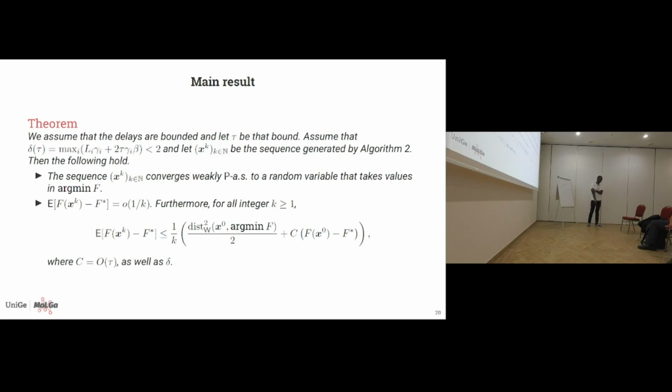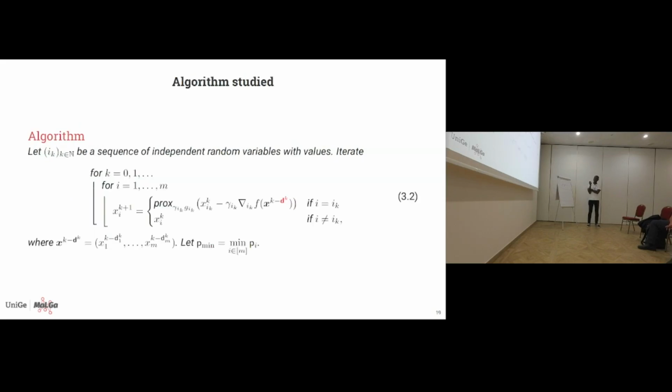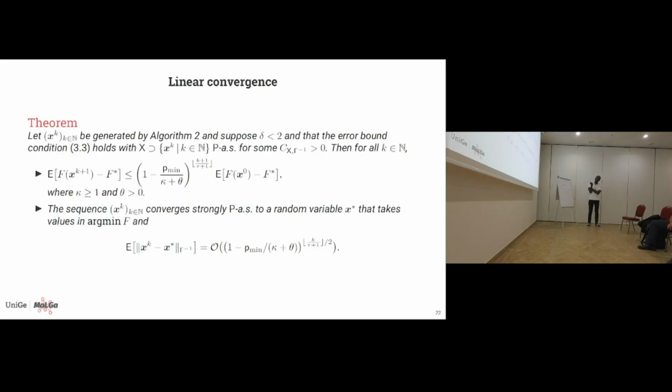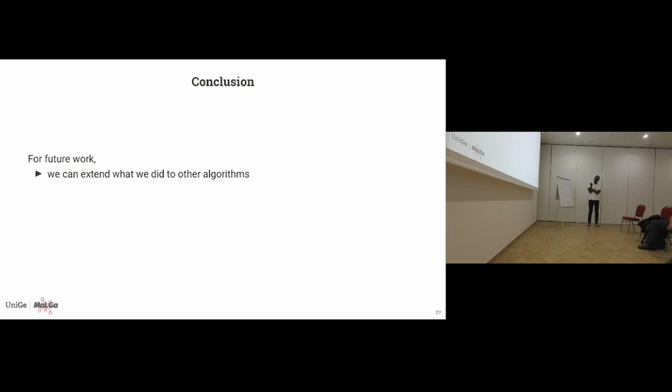I have a question about the gradient method that you consider. Have you maybe thought about introducing some inertia as in FISTA, or is it too complicated? That's future work.